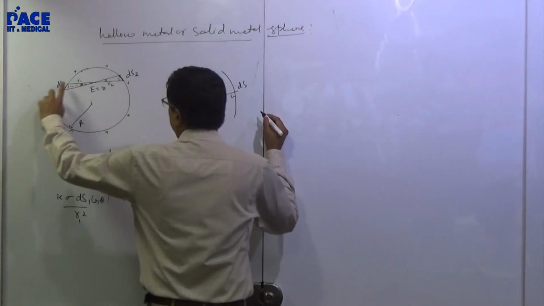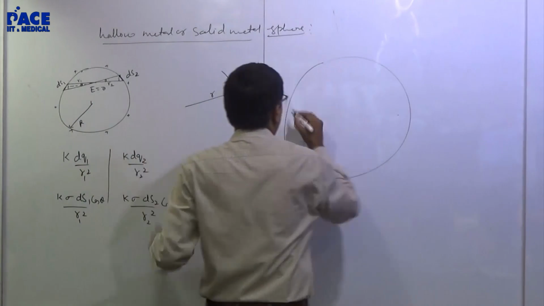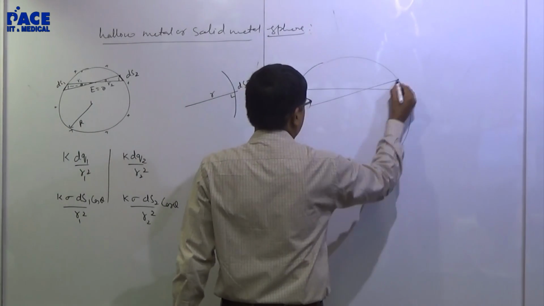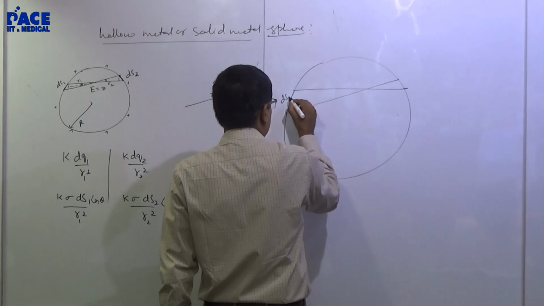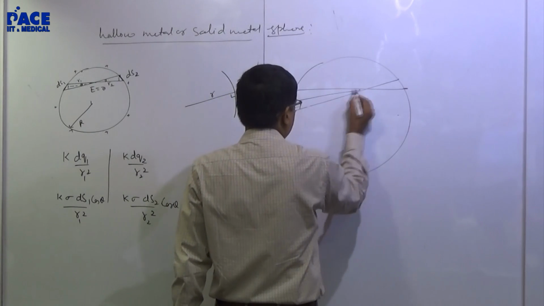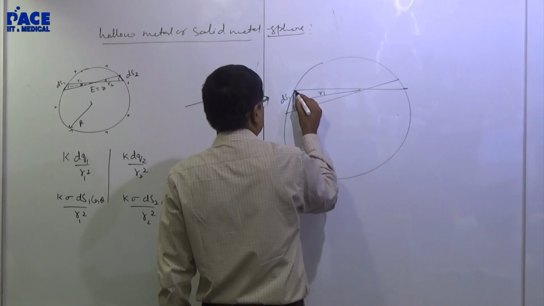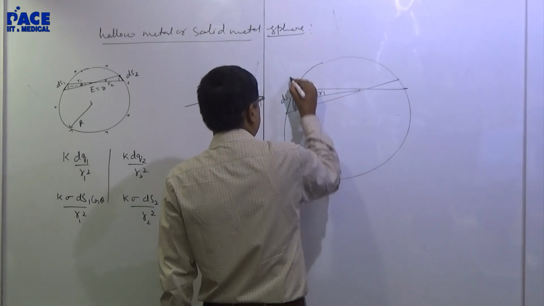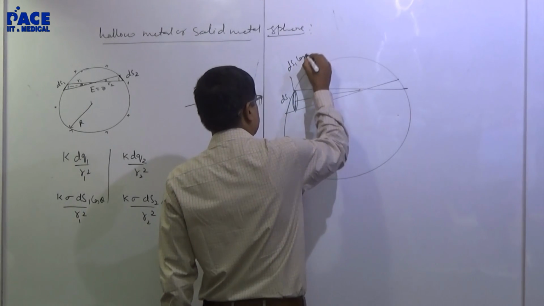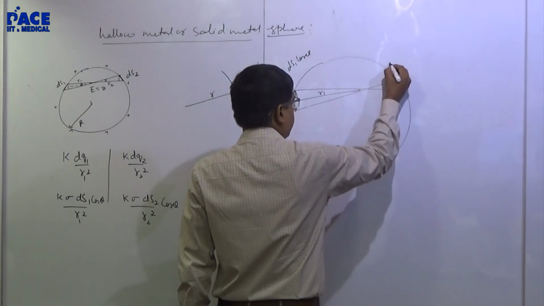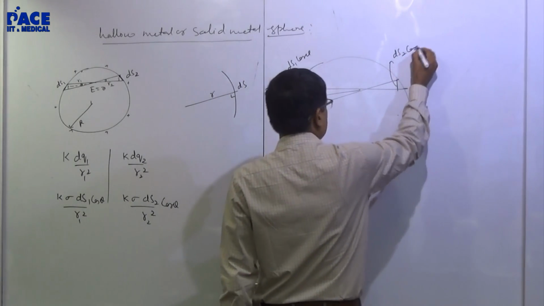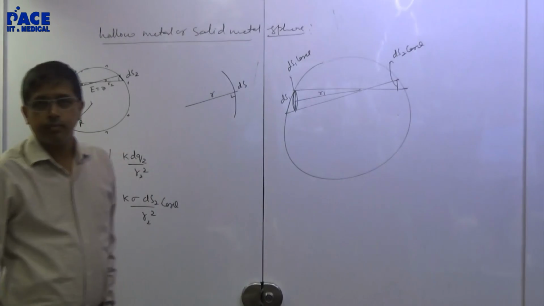So my doubt was, how did you take that DS1 cos theta? This is DS1. This is R1. This area will be DS1 cos theta. This area will be DS2 cos theta.